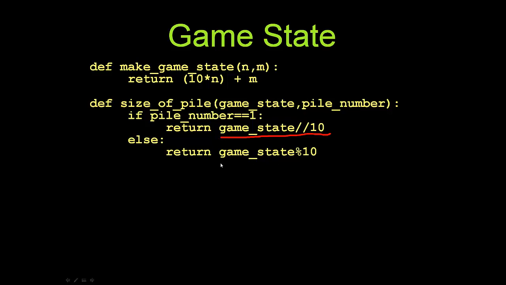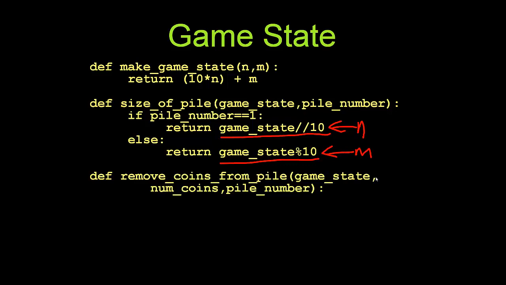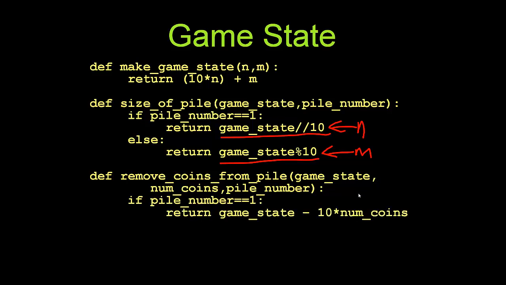If it's not, we return the remainder. So this is n, and this is m. And to remove a coin from a pile, we check: if pile is 1, we return game state minus 10 times the number of coins. Else, we return game state minus the number of coins.